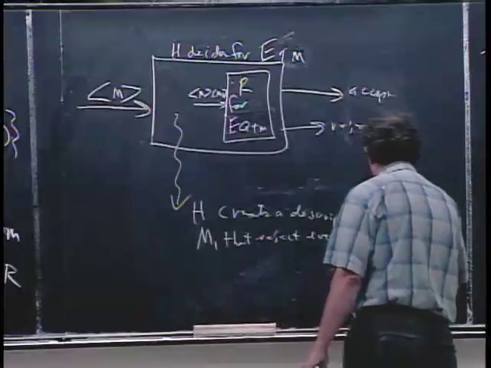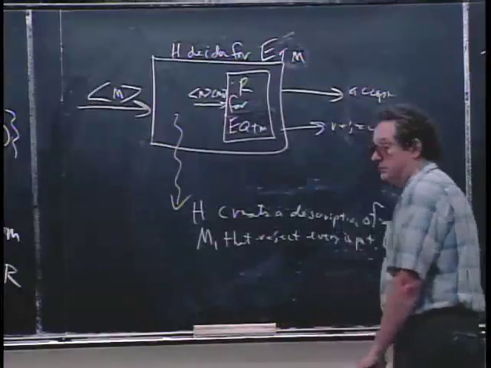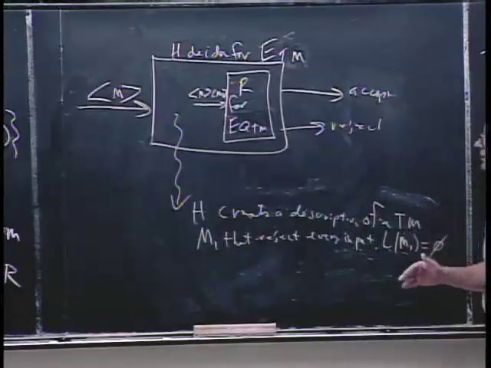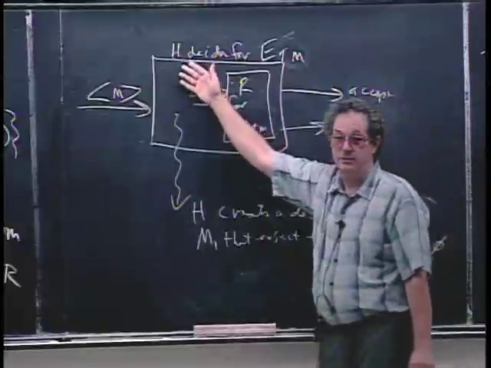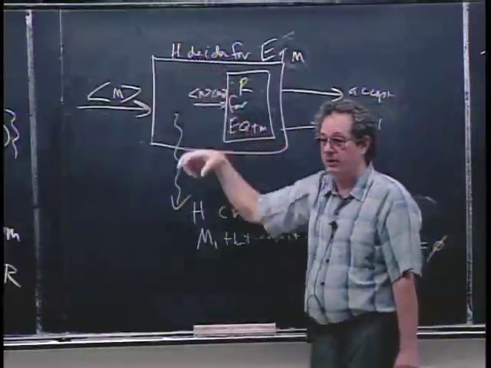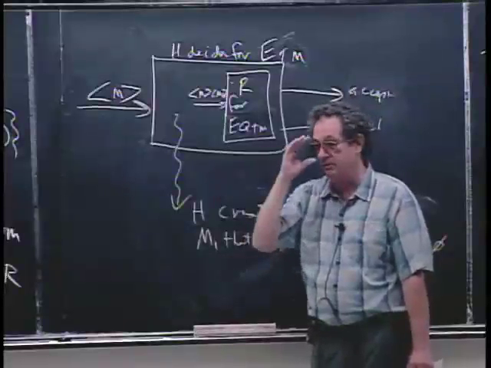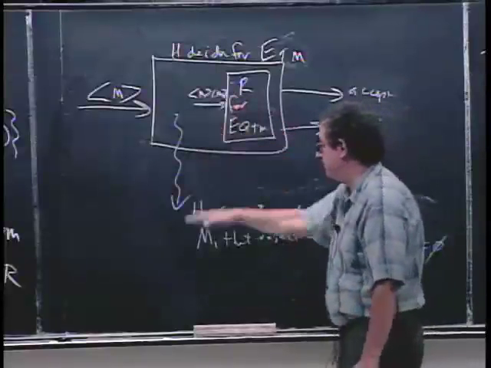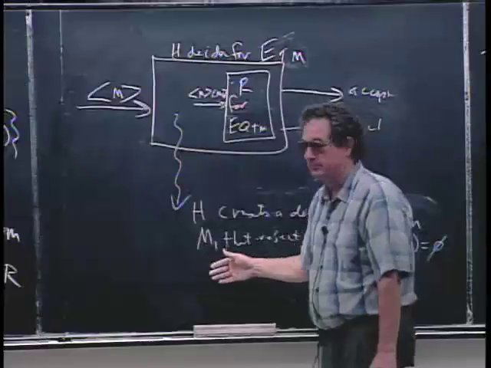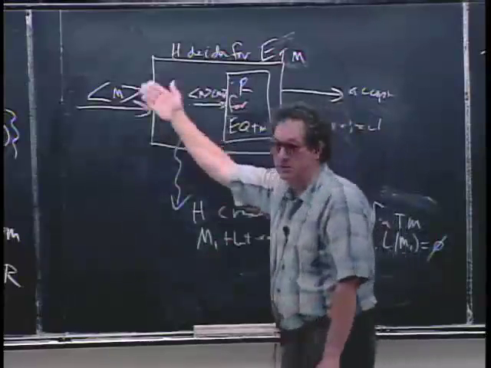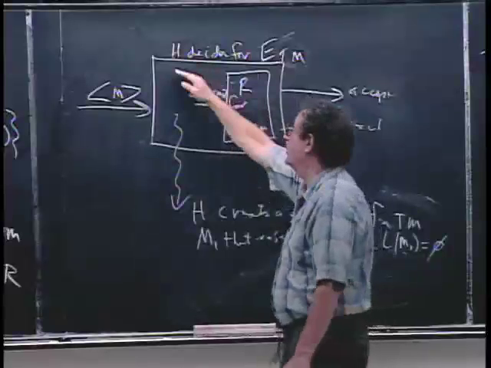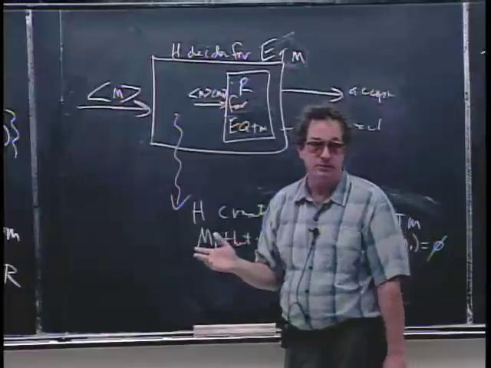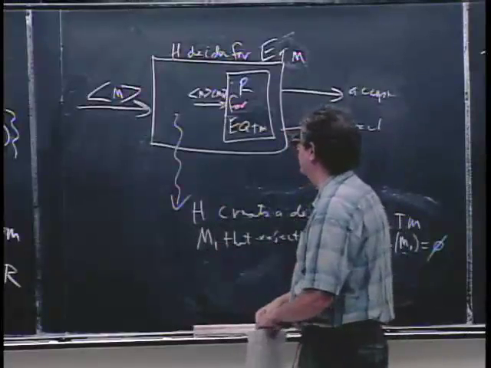So L of M1 is empty. M1 just rejects everything. Do you think there's a Turing machine H that can create a description of a Turing machine that just rejects everything? Yeah, that's a pretty simple one. So certainly H can create a description of such a Turing machine. It doesn't even need to look at M. We can have that hardwired into H, the particular Turing machine that rejects everything. And that's what M1 is going to be.